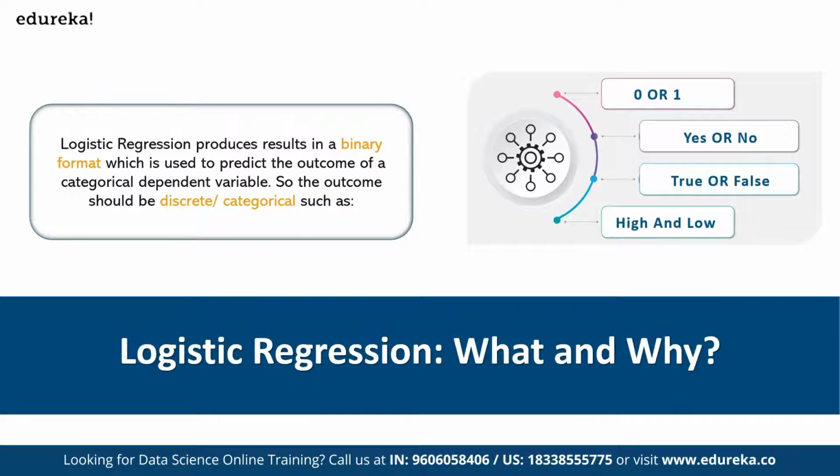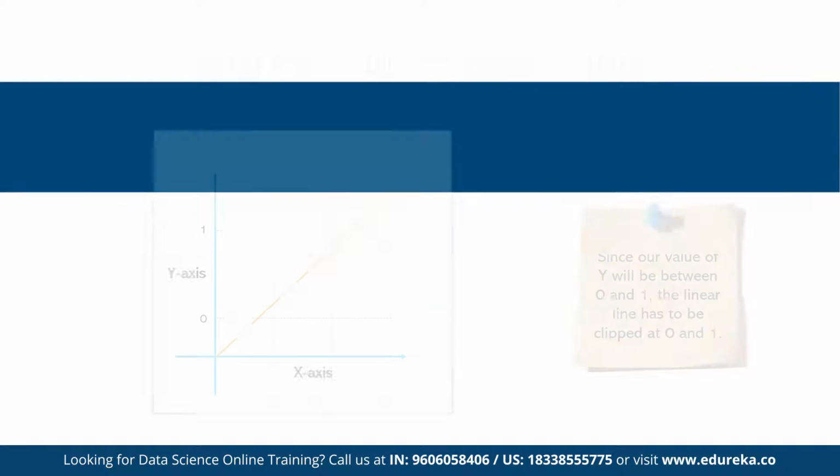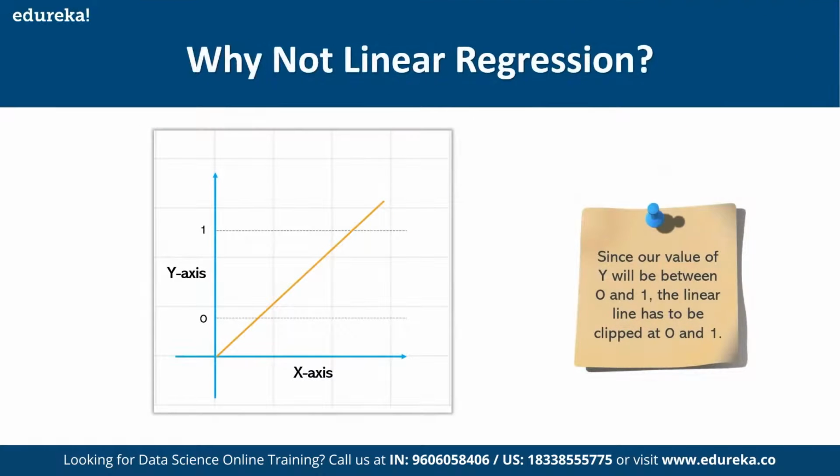As I told you, a linear line works in a similar fashion and generates numerical or continuous values. In logistic regression, we deal with categorical data, labeled categories, basically yes or no, maybe cat and dog, failure and success.